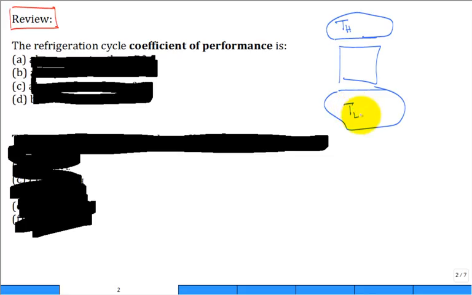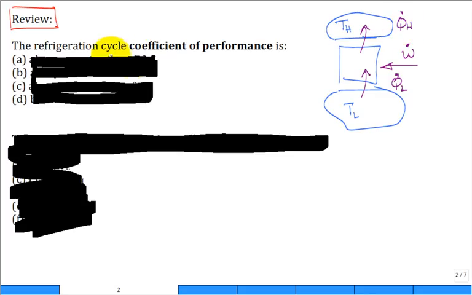And a refrigeration cycle is to do what? To consume some sort of power, some sort of mechanical energy. You could put W dot there, supplied into the system. And what does it do? It promotes the transfer of heat, Q dot, out of the low and into the high.